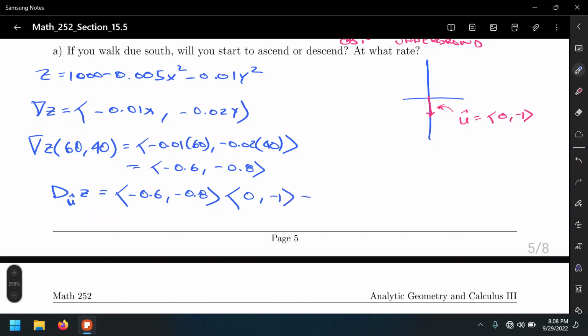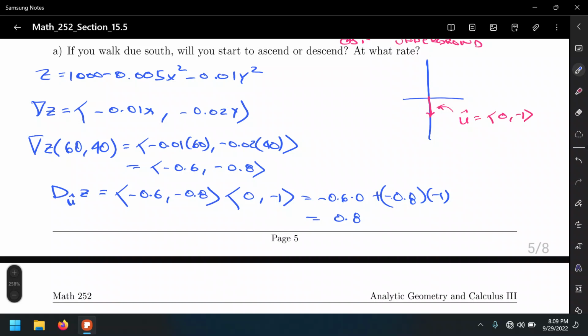Negative 0.6 times 0 is 0, and negative 0.8 times negative 1 gives us 0.8.